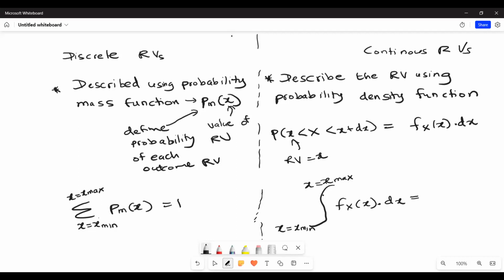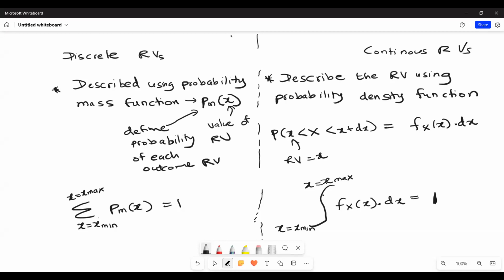This total area under the curve is computed using this integration, and it should be equal to 1. Those are the basic descriptions regarding those two probability functions.